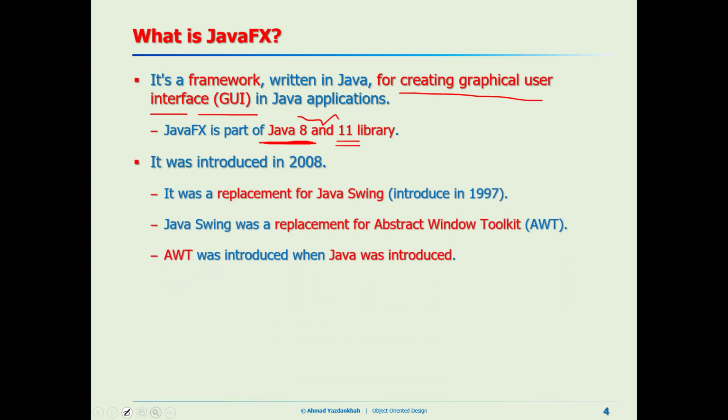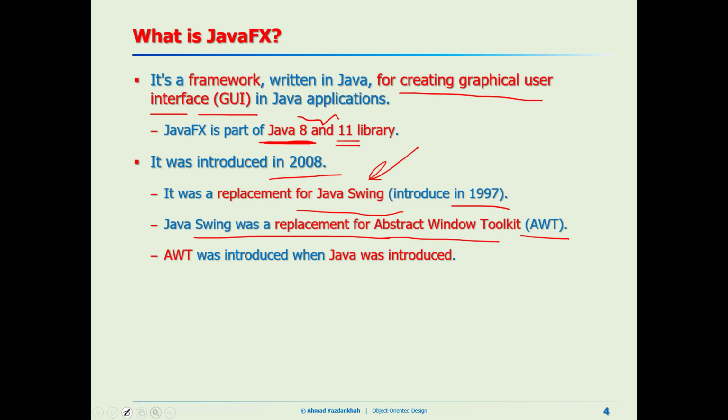JavaFX was introduced in 2008, and it was a replacement for Java Swing. That is a very famous library for creating GUI in Java. So Java Swing was introduced in 1997, and Java Swing was a replacement for AWT, right?